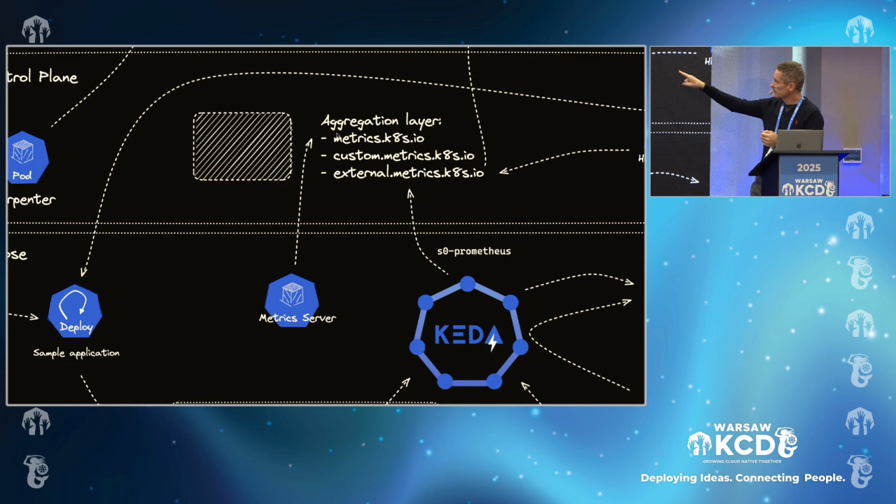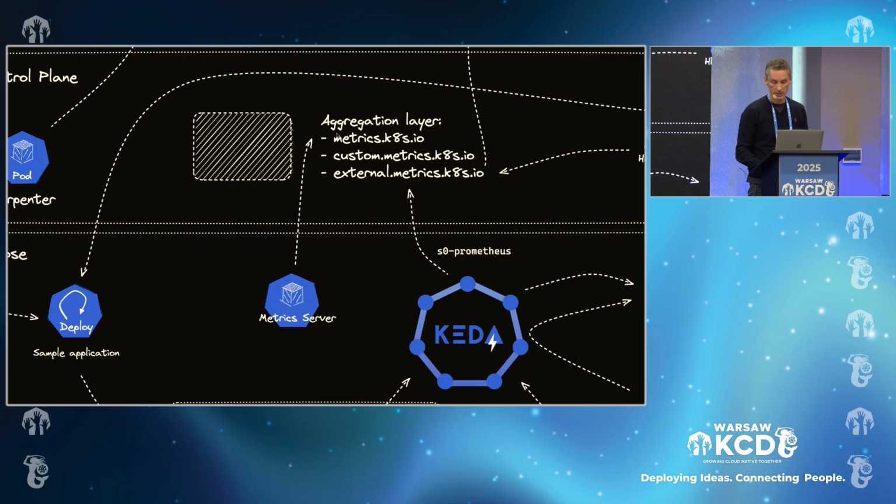So metric server is delegated the metrics API, like you see there at the top, and then the other two are actually exposed by external metric servers.